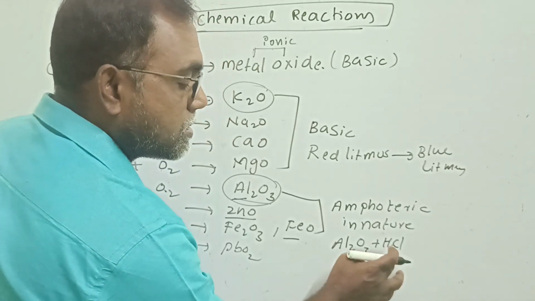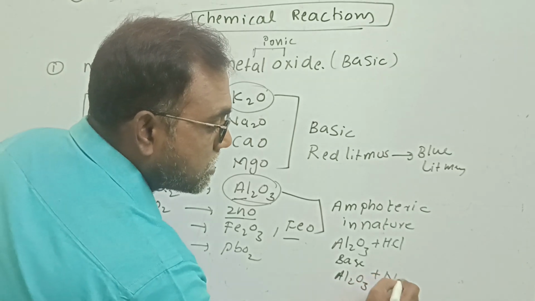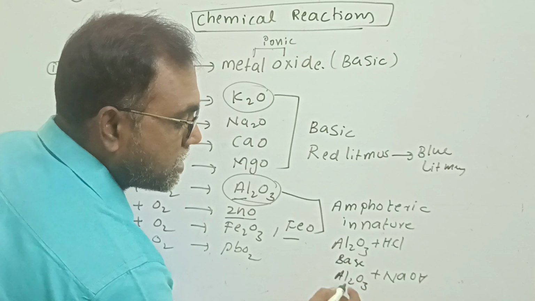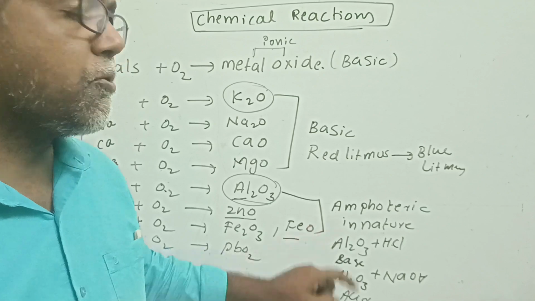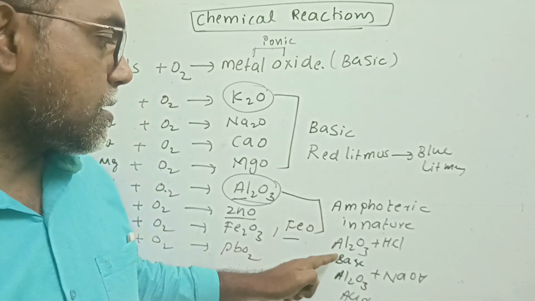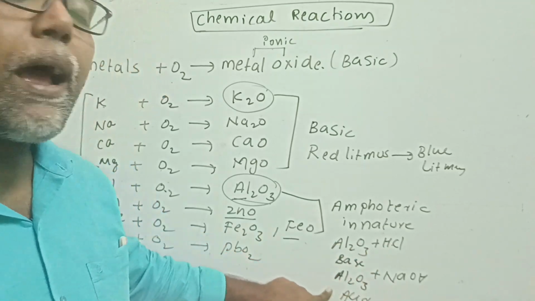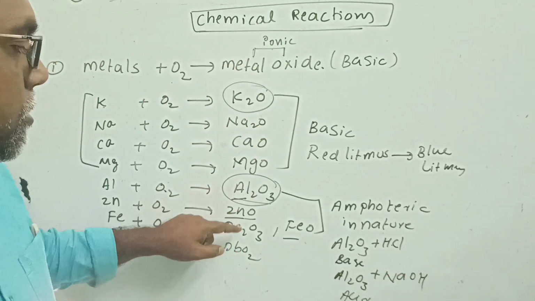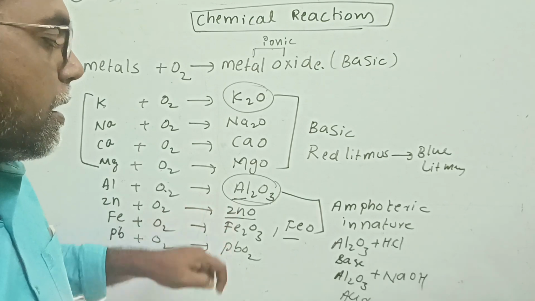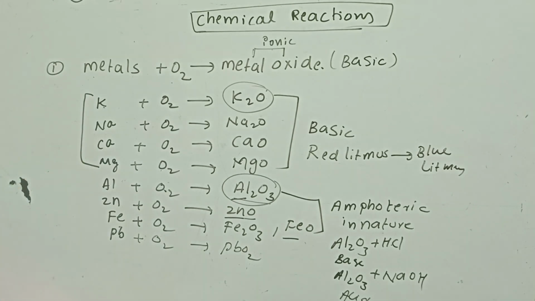In the presence of a base, it acts as an acid. That nature is known as amphoteric. In the presence of acid it acts as a base, in the presence of base it acts as an acid. So we have three different amphoteric oxides: aluminium oxide, zinc oxide and iron oxide. So this is the first reaction, about metal and oxygen.